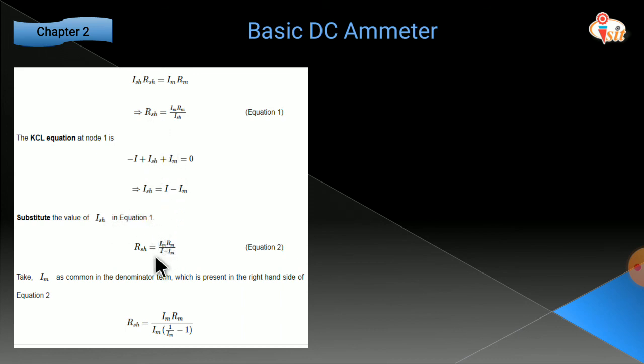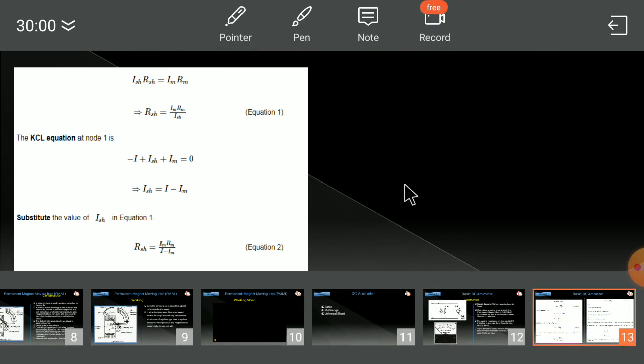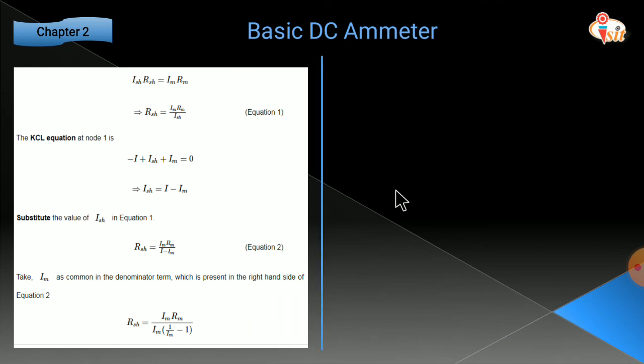Now equation number 1 becomes RSH is equal to Im into Rm divided by I minus Im, and we call it equation number 2. Now we take Im as a common factor in the denominator. So RSH is equal to Im Rm divided by Im in bracket I by Im minus 1.